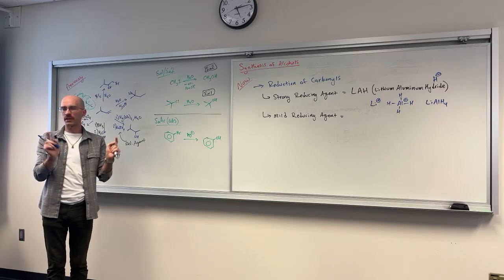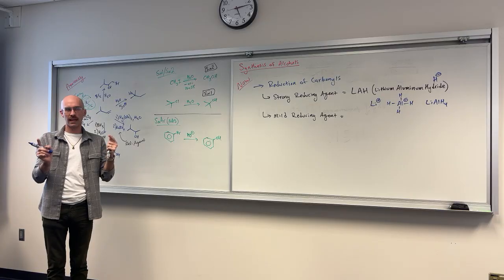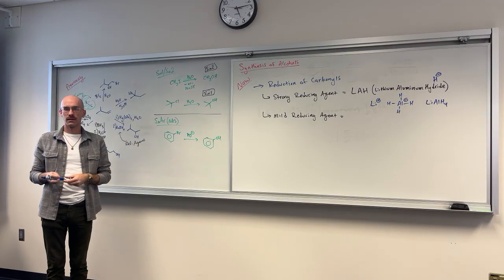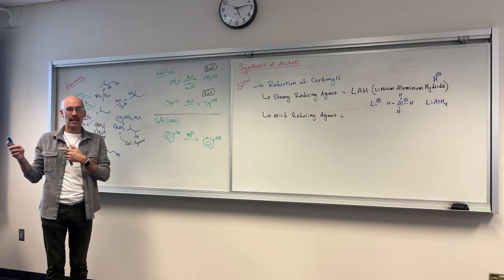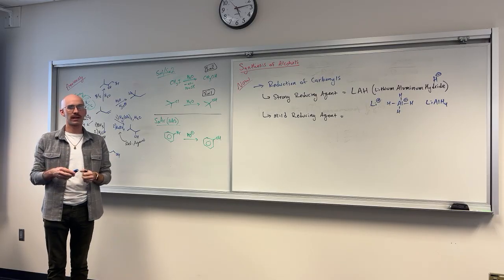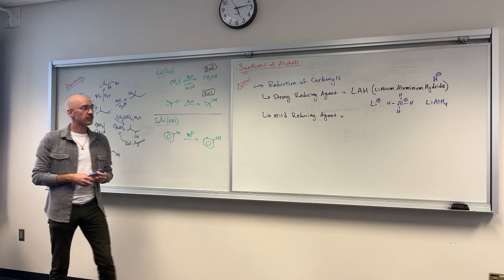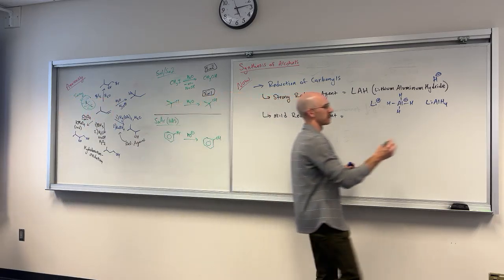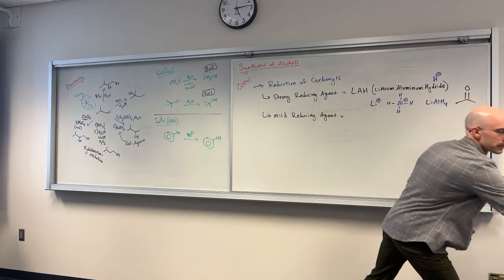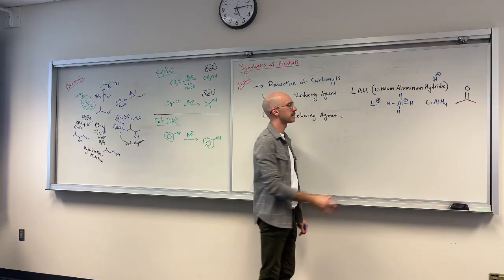What does that tell you about the electronegativity difference between H and Al? Al is lower? Yep. H owns the electrons, takes them away from Al. So we're not going to look at mechanisms here, but if we were, it would look something like this.